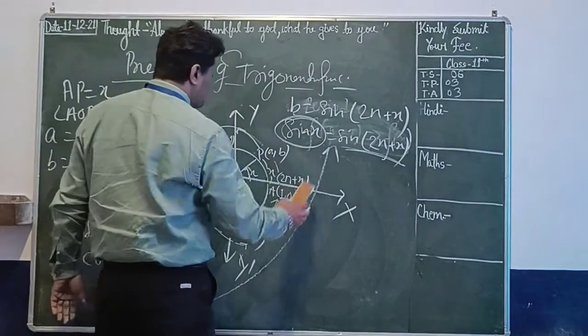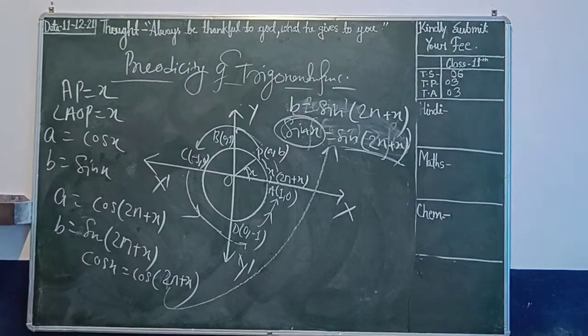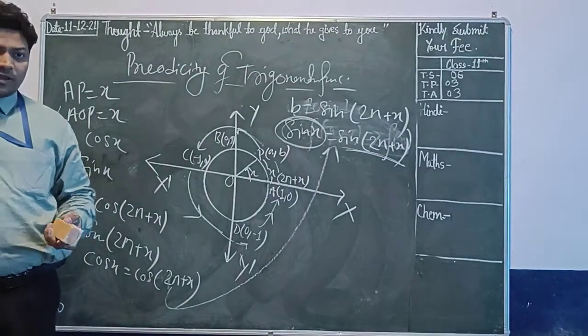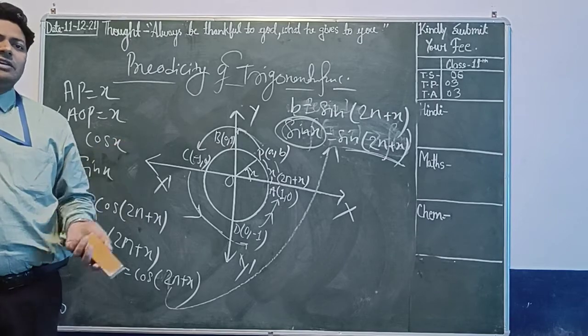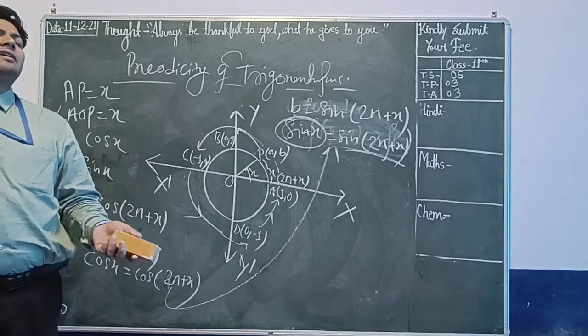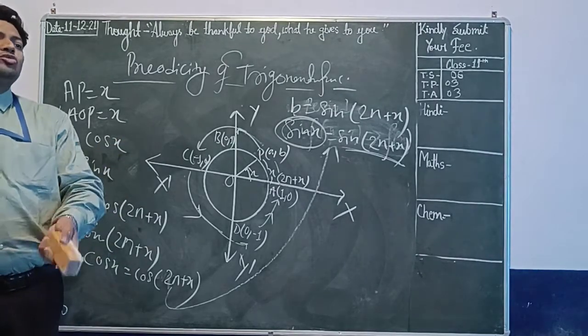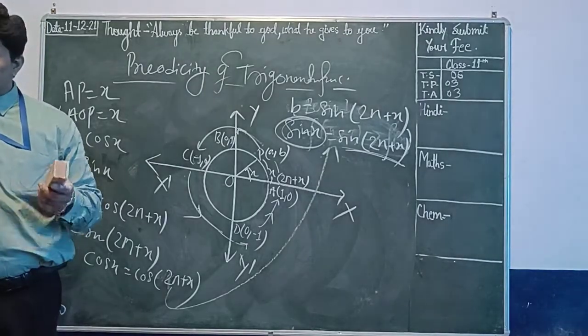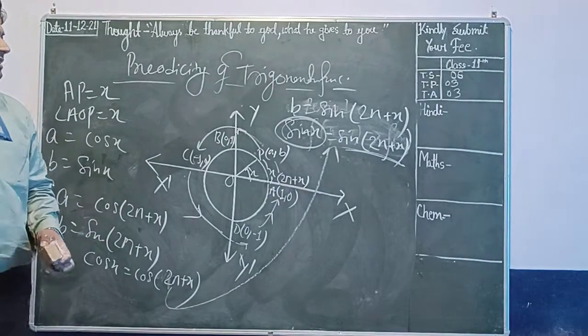In the same manner, if you talk about minus 2 pi, you will take x minus 2 pi, or minus 2 pi plus x, and again you will get the same thing.